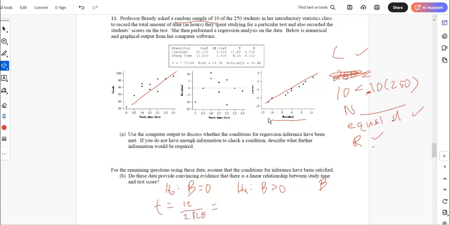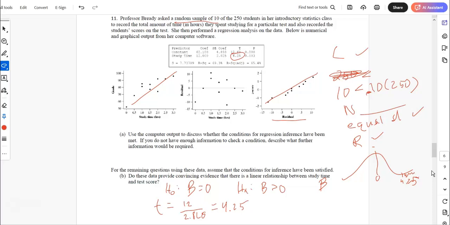That should be equal to 4.25 because they tell us what t is right there. That's the shortcut. And then you could do tcdf, 4.25 shading this way, tcdf from 4.25 to infinity with degrees of freedom at 8.